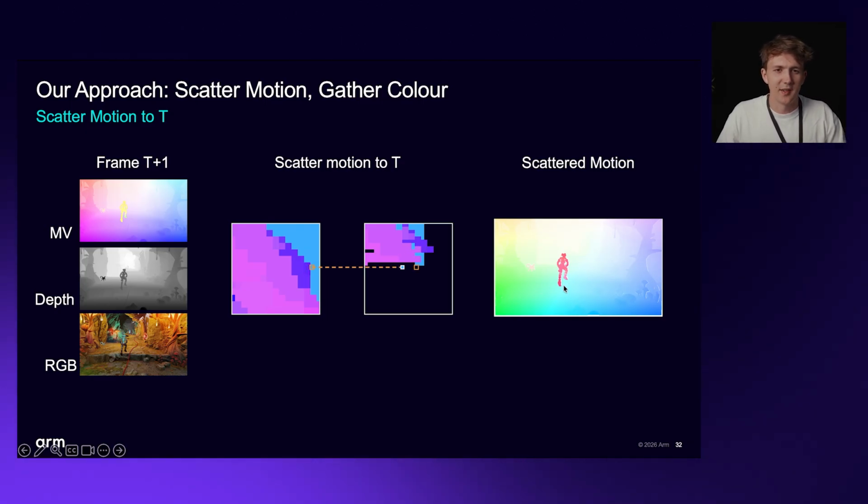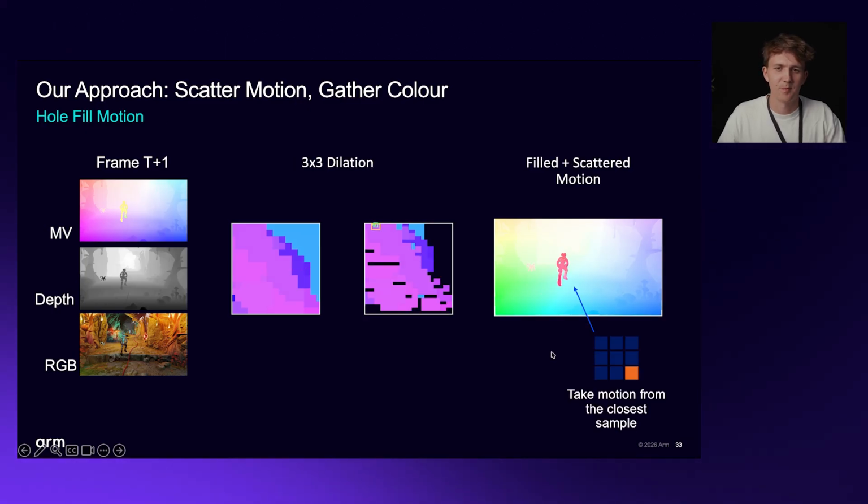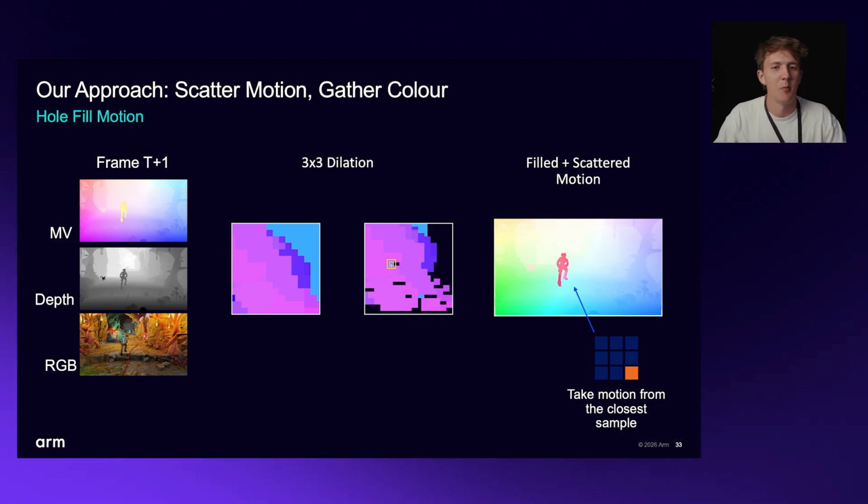This results in the scatter motion texture that you can see on the right here, which is motion scattered to T. However, this can still result in holes. The scatter operation just inherently results in holes when you don't have information for every pixel. But we fill this by applying a relatively small 3x3 dilation, where we apply a filter across the entire image to take the motion from the nearest depth.